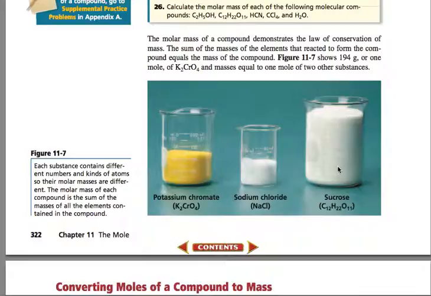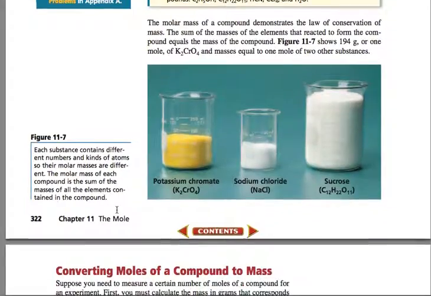That must mean that the size of the atoms or molecules is different for each of these. The physical size, the volume, is different. Each substance contains different numbers and kinds of atoms, so their molar masses are different. The molar mass of each compound is the sum of the masses of all of the elements contained in the compound.